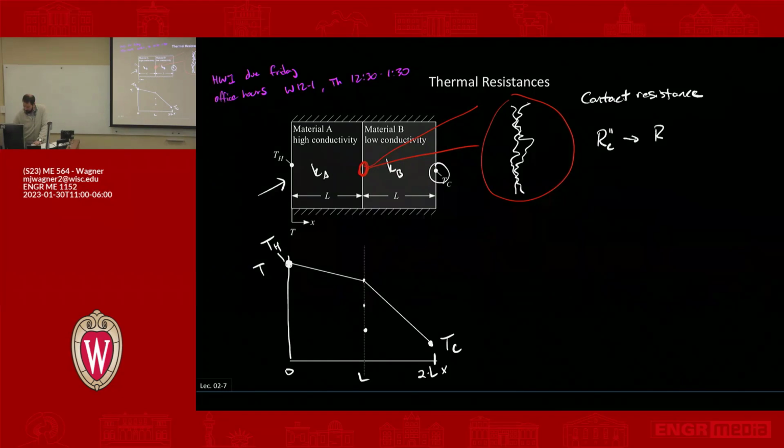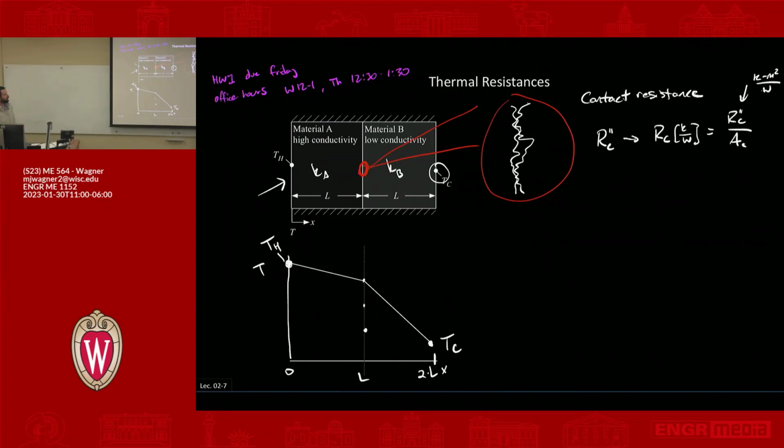So we'd say R_C, the actual contact resistance, which has units of Kelvin per watt, is equal to R double prime C divided by the area in contact, A_C. That means the units on R double prime C must be Kelvin meters squared per watt.